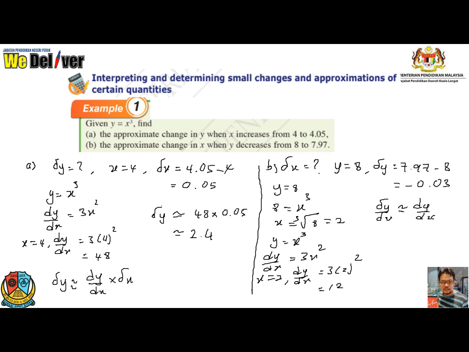So negative 0.03 over delta x is approximately 12. That means delta x equals negative 0.03 over 12. So we get delta x equals negative 0.0025.